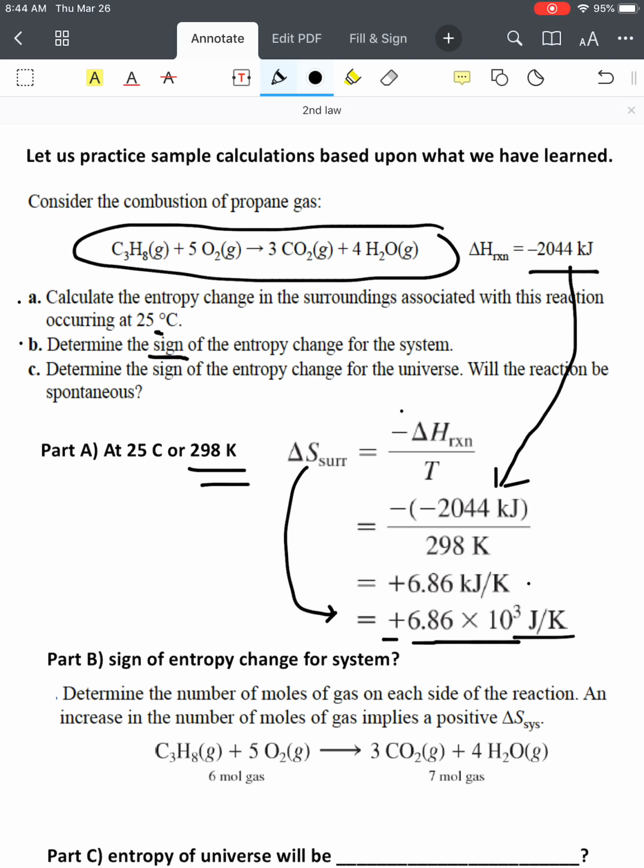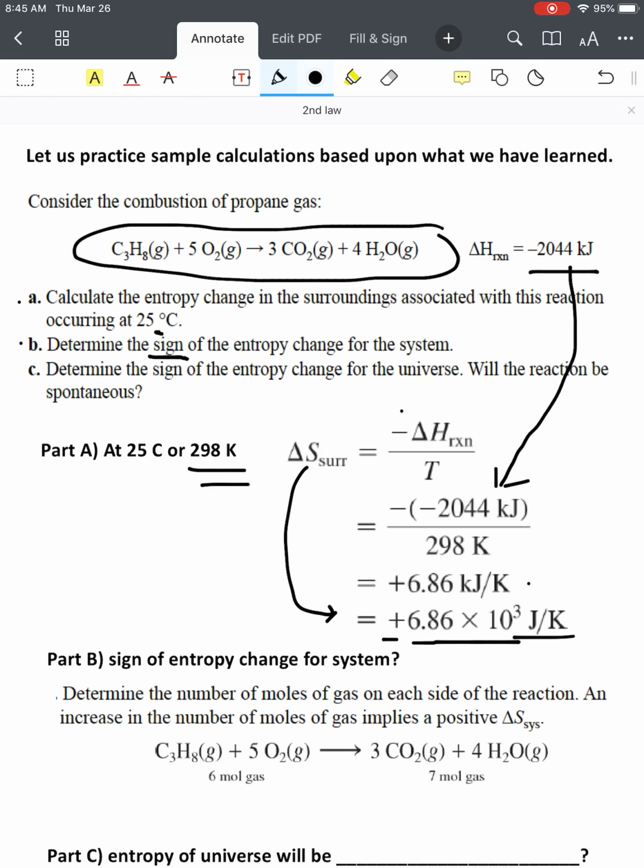What do we have going on here? Remember in the last lecture we considered problems like this where we wanted to predict whether there was a negative or positive entropy change for the reaction. And we said that if we produce more moles of gas through carrying out the chemical process, the entropy change was positive. Whereas if we produce fewer moles of gas, the entropy change would be negative.